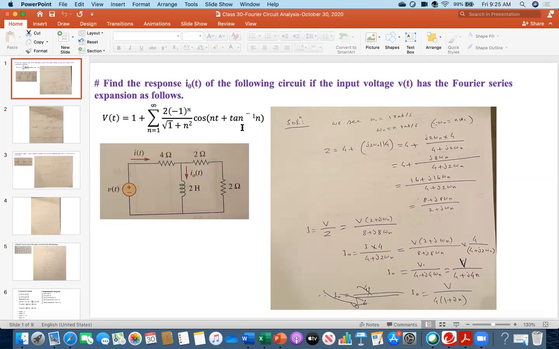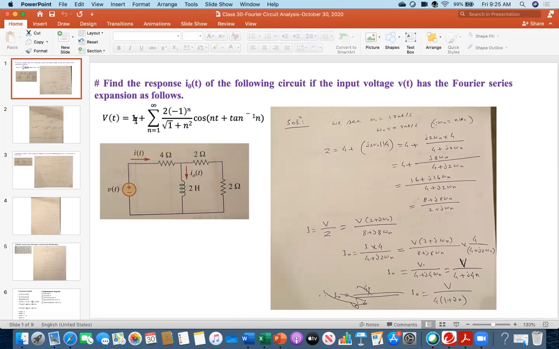Even at everybody's home, because most of the loads are nonlinear: refrigerator, air conditioner, washer, dryer, television. They do not draw a pure sinusoidal waveform, and if you analyze, you might see this type of waveform.